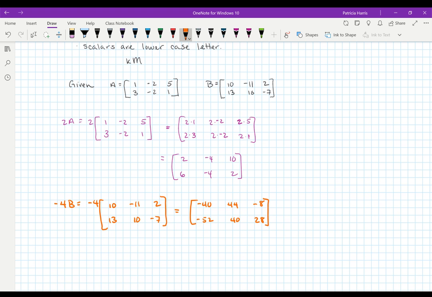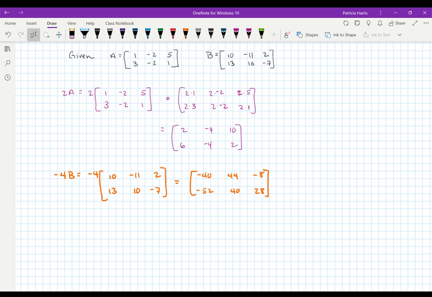Okay, and then what is really kind of cool is we can combine these with addition and subtraction. So I can start asking you questions that look like this: 3A plus 2B. Okay, so that would look like, let's write it out.